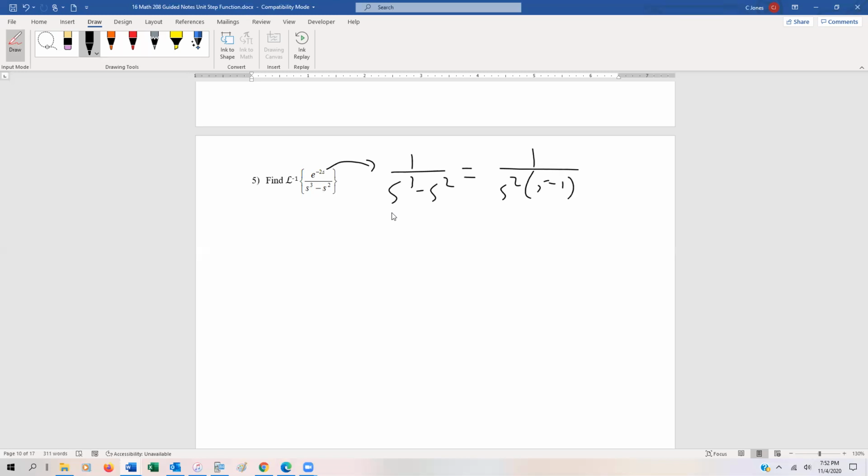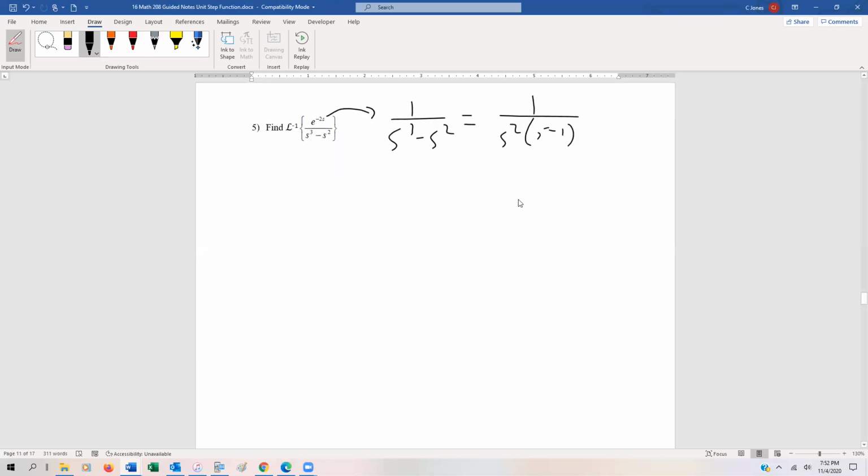And when we decompose that, 1 over s squared times s minus 1 is going to be equal to A over s plus B over s squared plus C over s minus 1. We have a repeated linear factor right here.